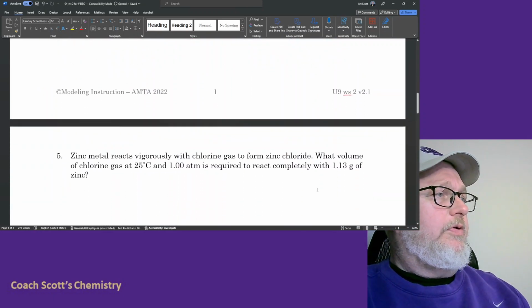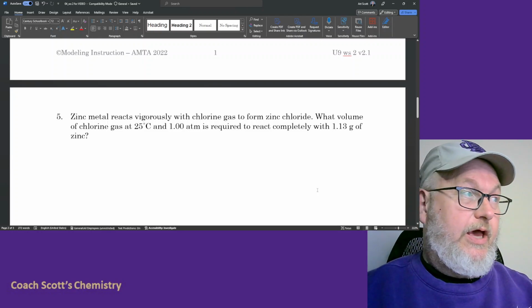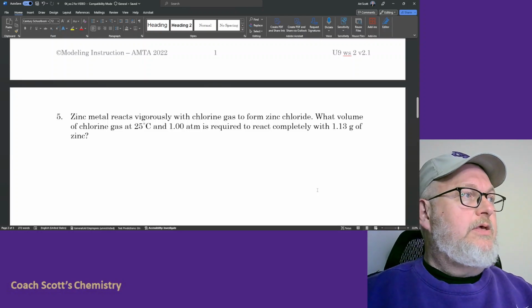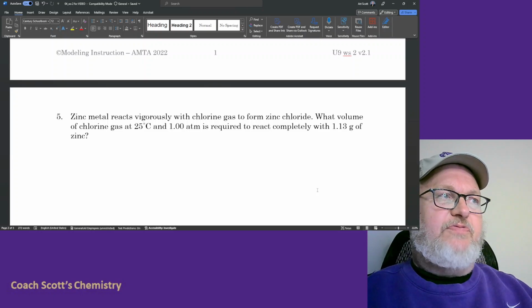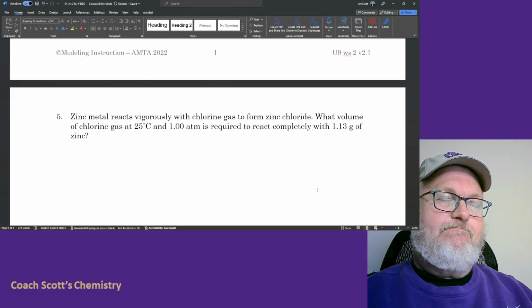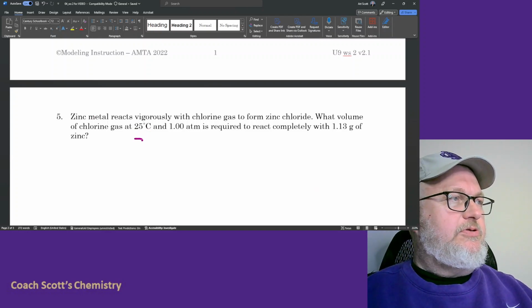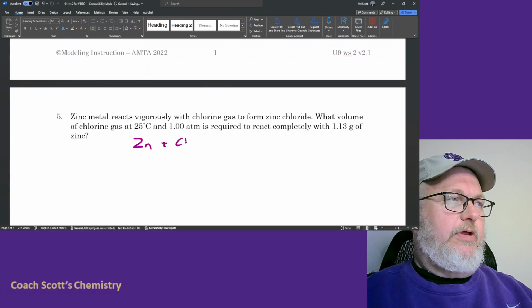Let's look at one where we're doing some, ooh, this is a good one, some stoichiometry. So zinc metal reacts vigorously with chlorine gas to form zinc chloride. Okay, let's write that reaction just for fun. So zinc metal, Zn, plus Cl2, chlorine gas, forms what?